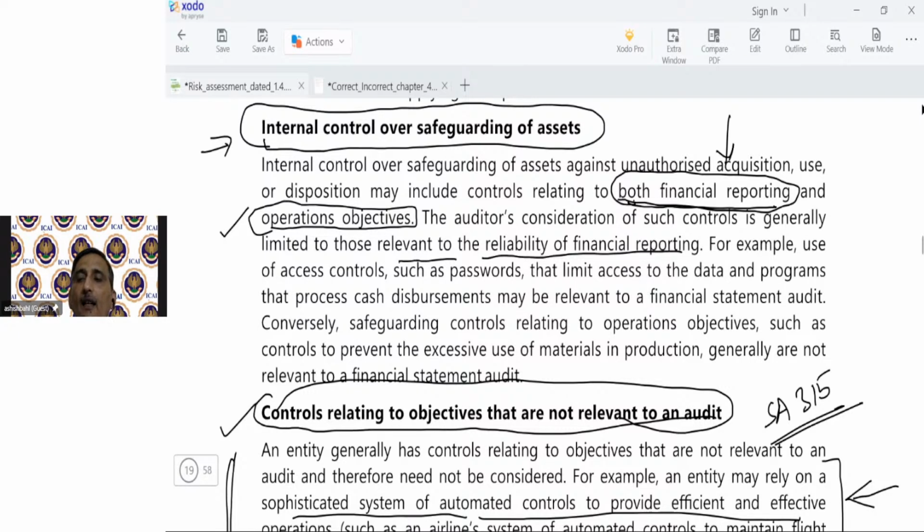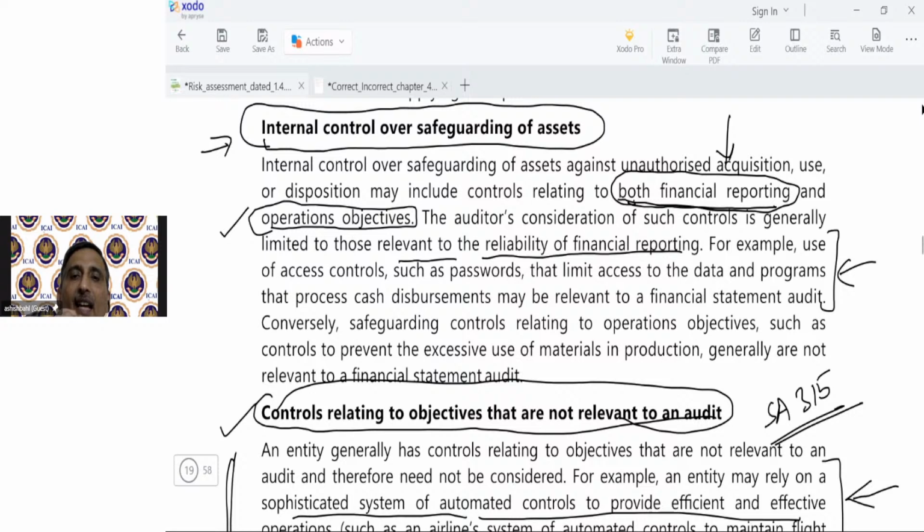Like, say there is a control that the computer system of a cashier or the person who is making cash payments is protected, there is a password. So this control would be relevant to the auditor.